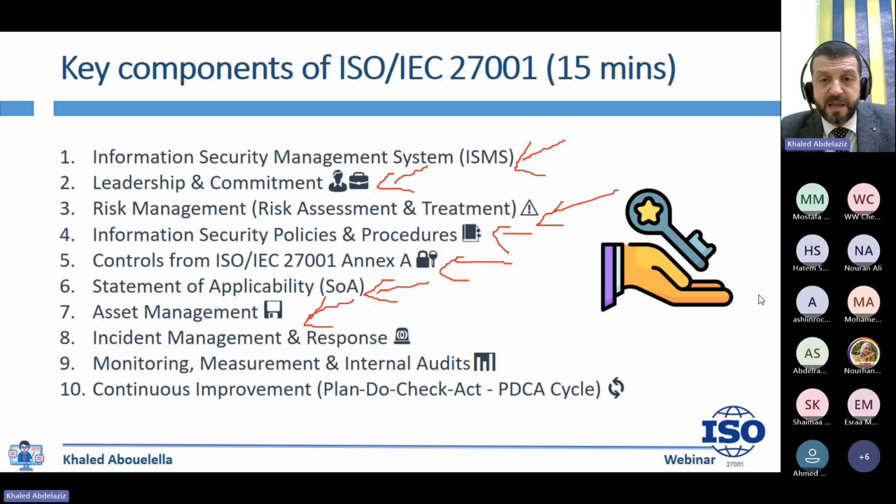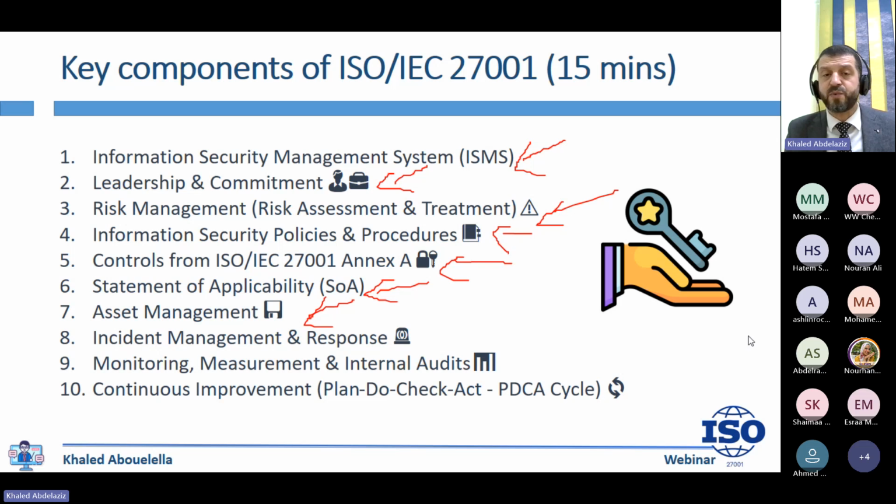Also, by the way, the assets could be intellectual property assets. You need to identify them. You need to have ownership and responsibility for these assets' protection, and define a clear process for handling and storing these critical assets in your organization.